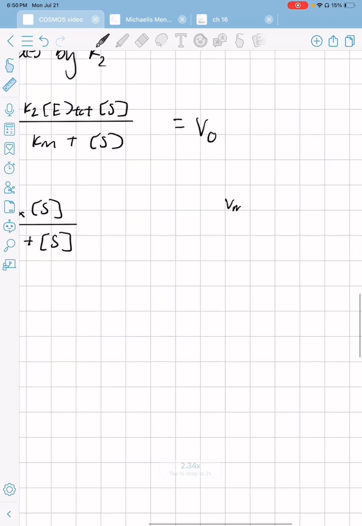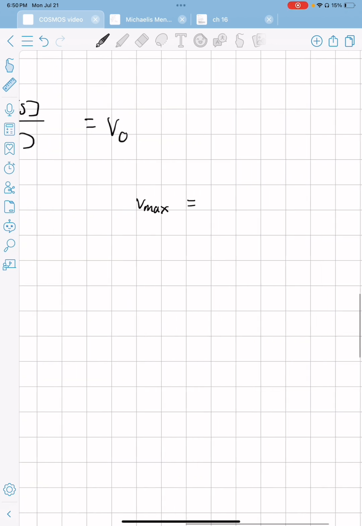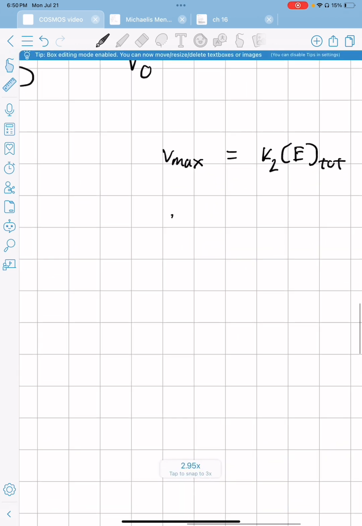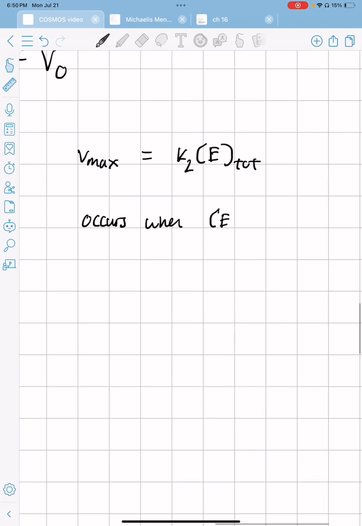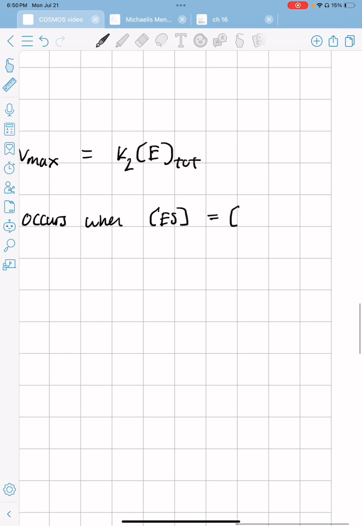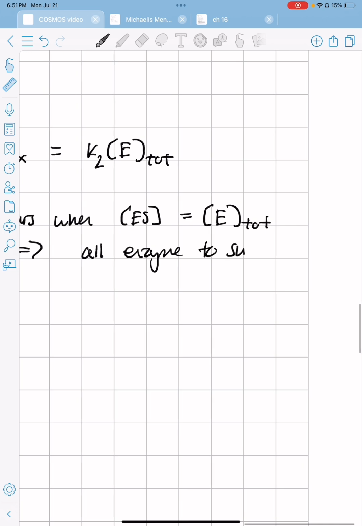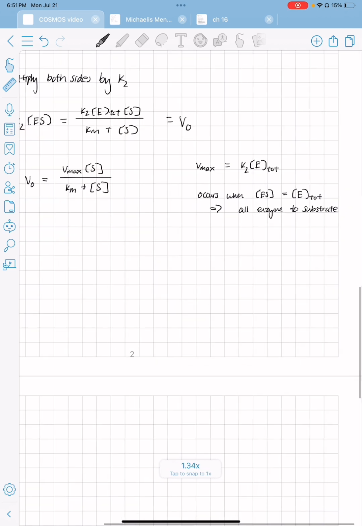Well, V max is actually equal to K2 times total concentration of enzyme, which occurs when the concentration of the enzyme substrate complex is equal to the total concentration of the enzyme present, and this is due to all the enzyme being bound to the substrate. So we will have the highest rate possible of the formation of the product.